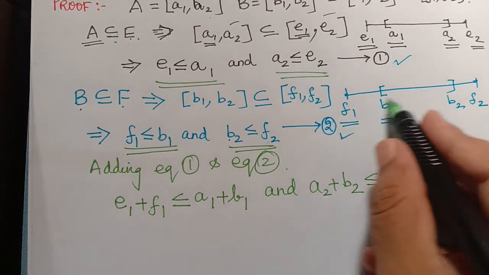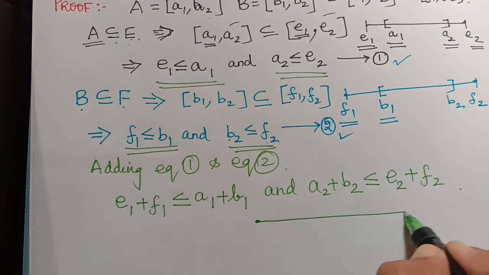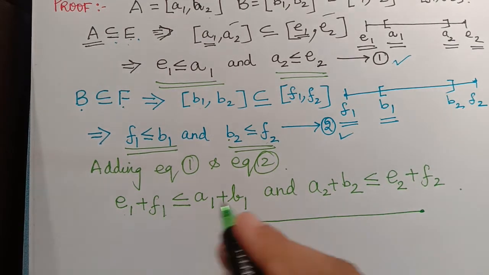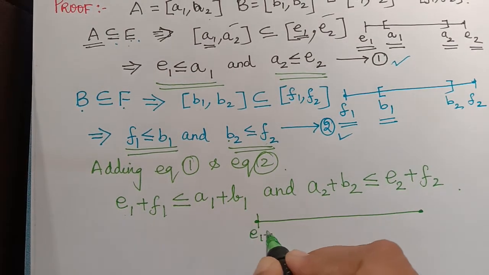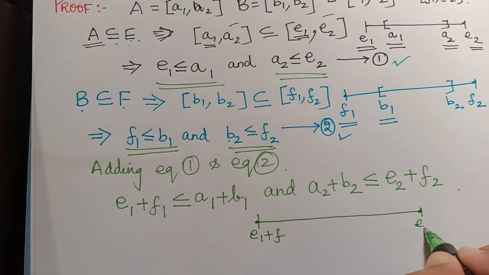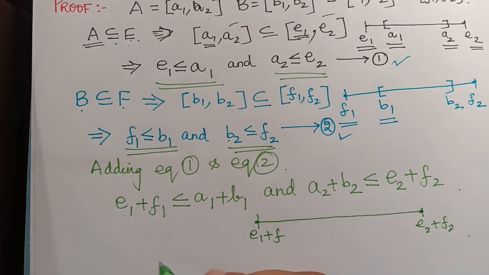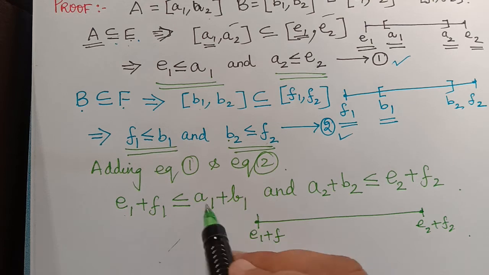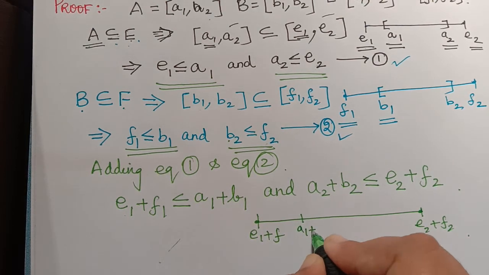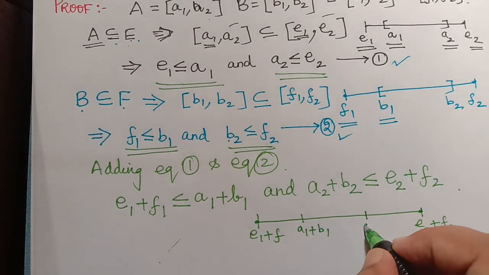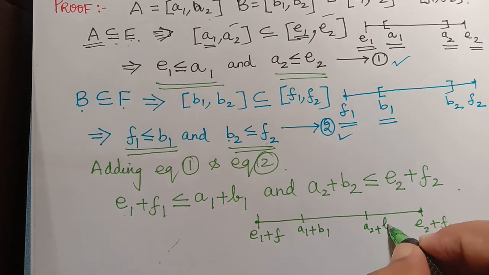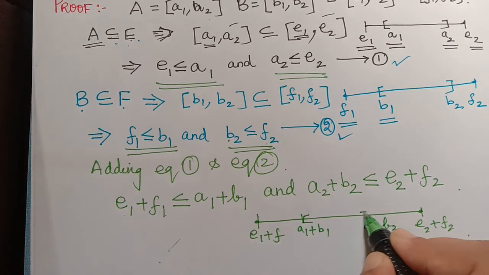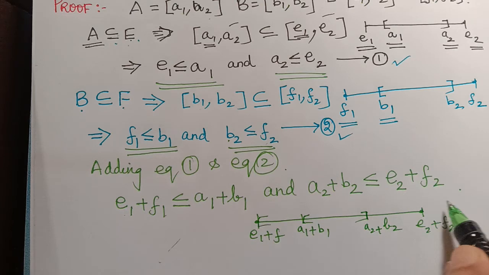Now you can see that suppose this is E1 plus F1 and this is E2 plus F2, then A1 plus B1 and A2 plus B2 lie inside. So this is an interval which is a subset of this interval.